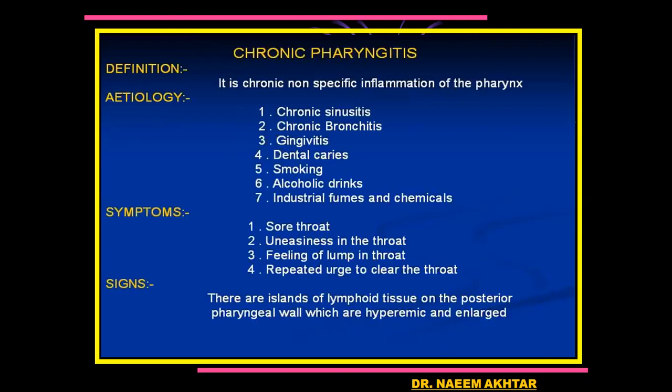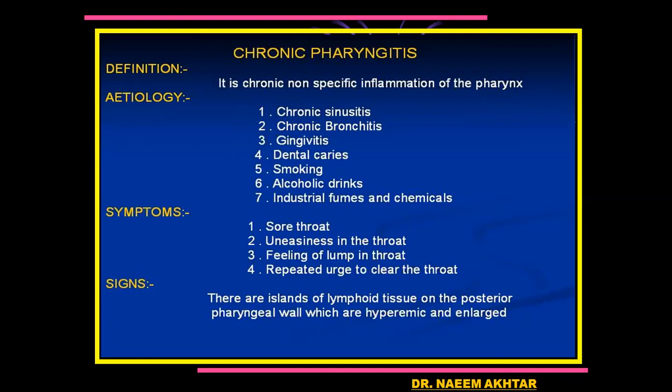The second important disease is chronic pharyngitis. Chronic pharyngitis is the chronic non-specific inflammation of the pharynx. Usually, this chronic pharyngitis is due to certain other chronic illness in the vicinity, for example, chronic sinusitis, chronic bronchitis, gingivitis, dental caries, smoking, alcoholic drinks, and industrial fumes and chemicals.